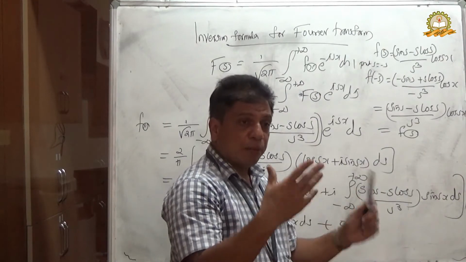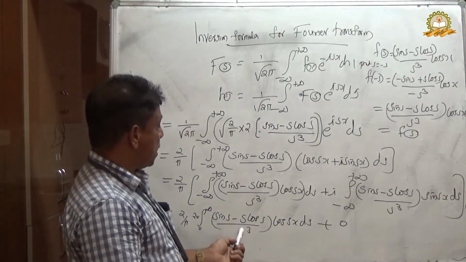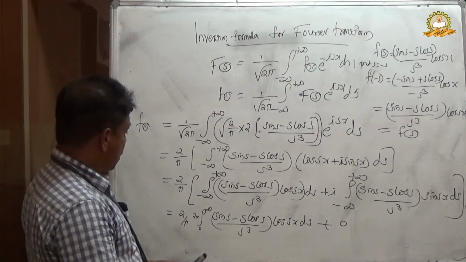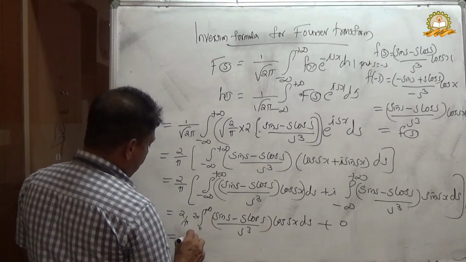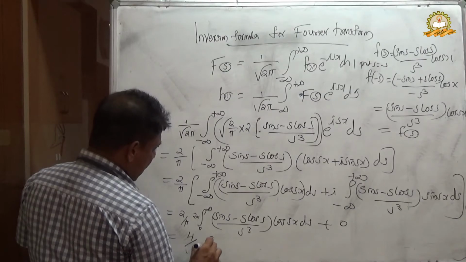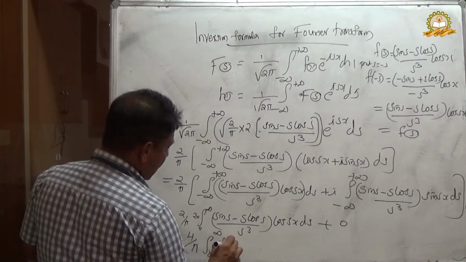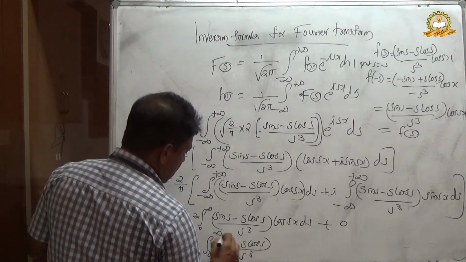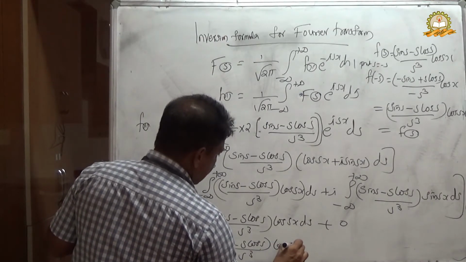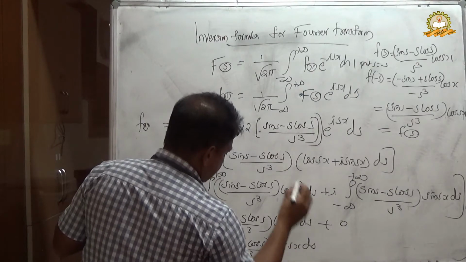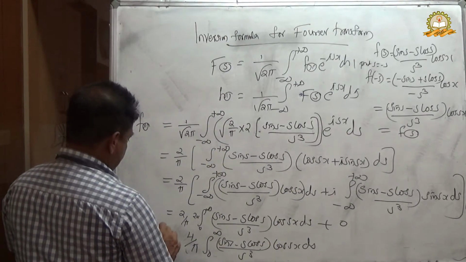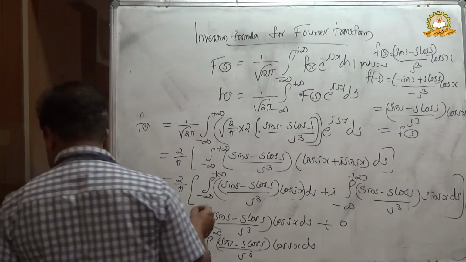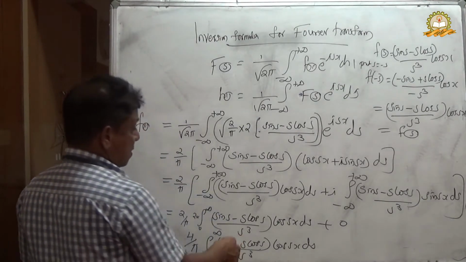Therefore, the second part will be 0 and the first part will be an even function. Therefore, 2 times 0 to infinity. Therefore, 4 by pi integral 0 to infinity sin s minus s cos s by s cube cos sx ds. This is the f of x, equal to 4 by pi. Then by arranging this, we get the final answer.